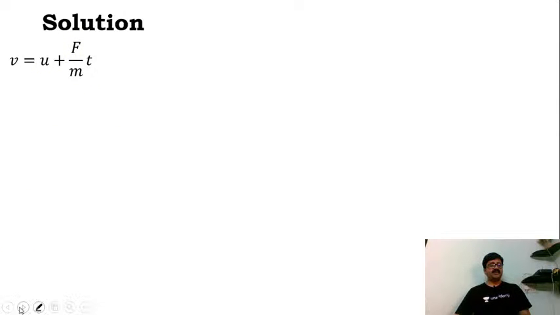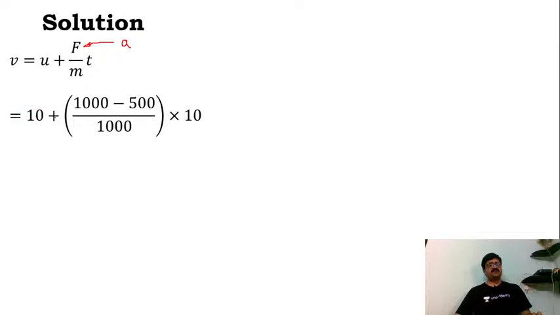Now acceleration a will be F by m, right? So this is acceleration a. v = u + at, that formula I'm utilizing. So clearly F by m is acceleration. Thus I can write u as 10 plus F. Net force is 1000, that is the force due to engine, then minus 500, that is the force of friction, divided by mass 1000.